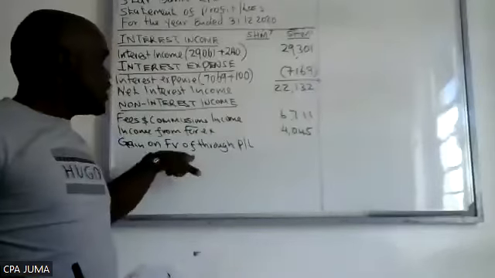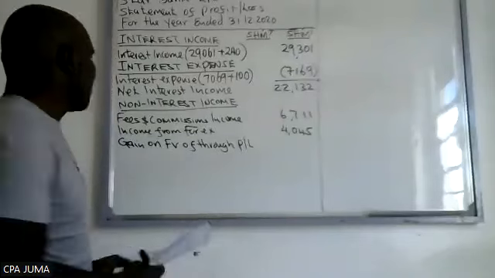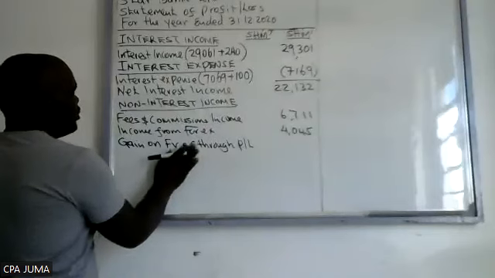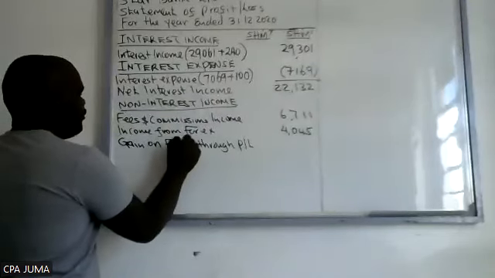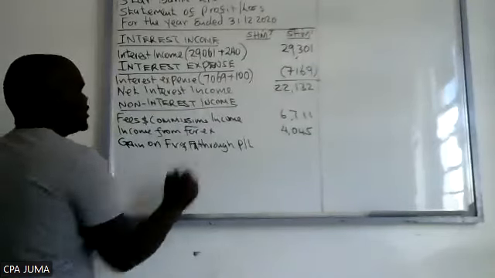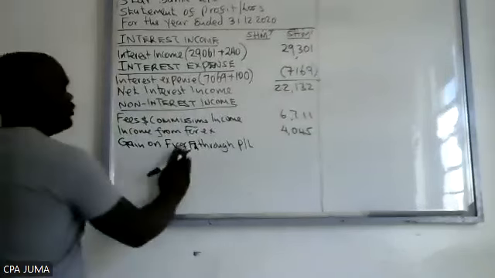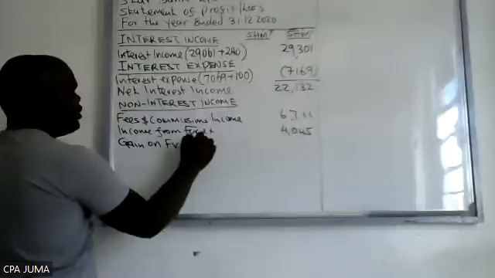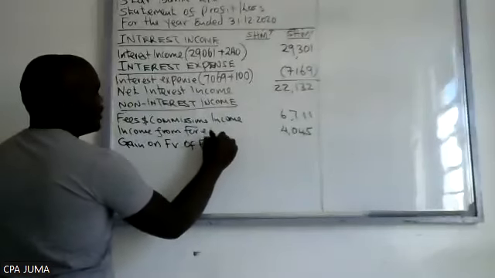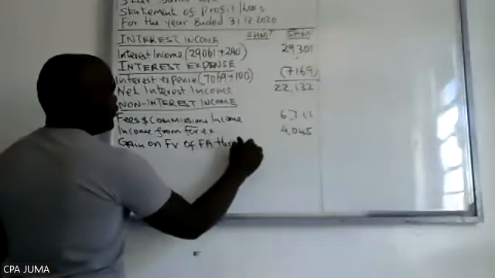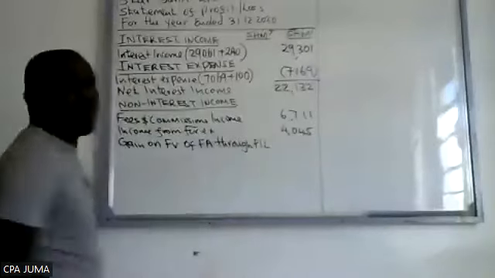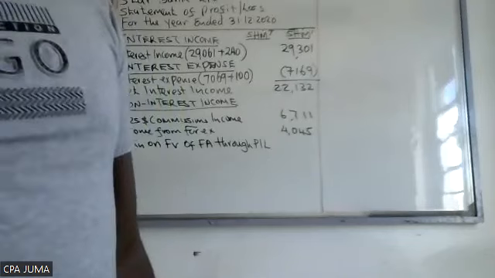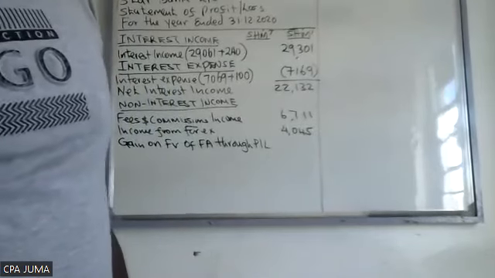So gain on fair value of financial assets through P&L, 600 or something. Can you check for me? Is an analysis we did somewhere there. How much was it?